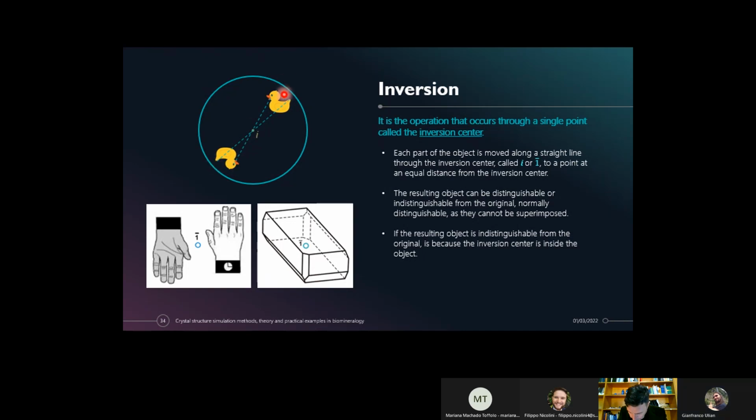This is called the inversion center, or -1, written with a bar over the 1. Here we have an example with two objects, or a crystal. Here the inversion center is inside the crystal, so we have an improper inversion.